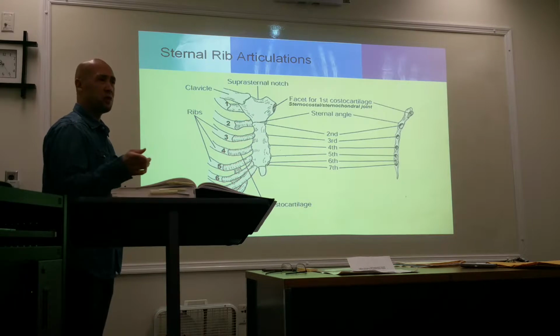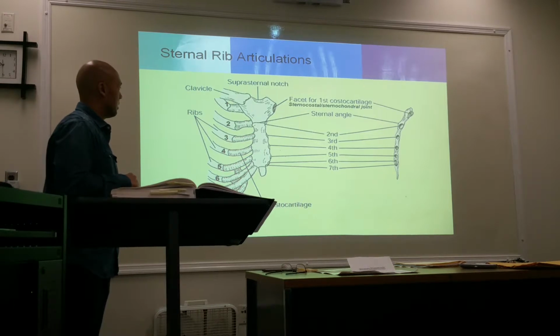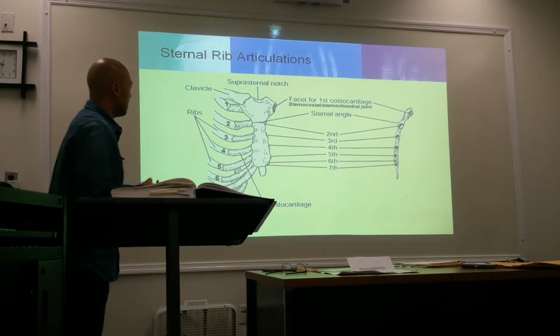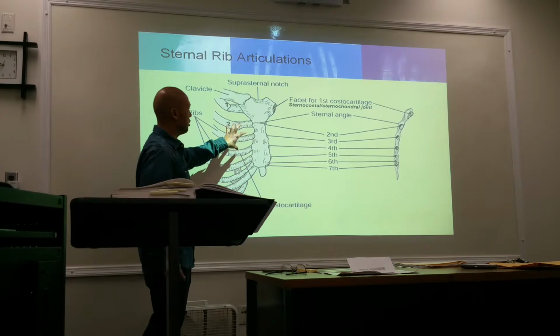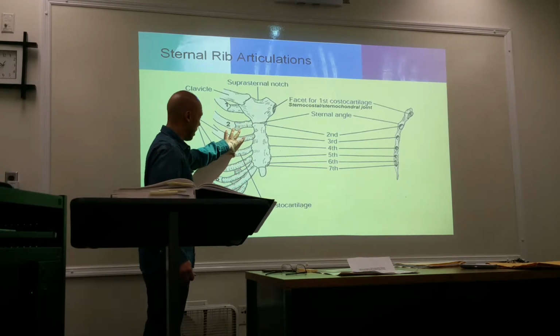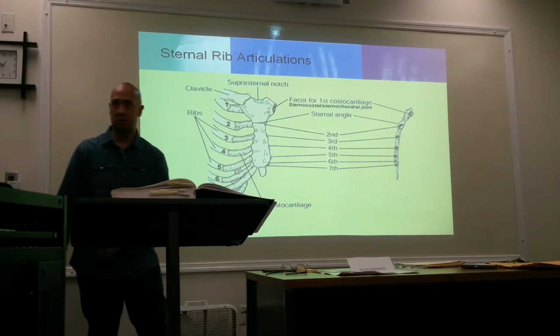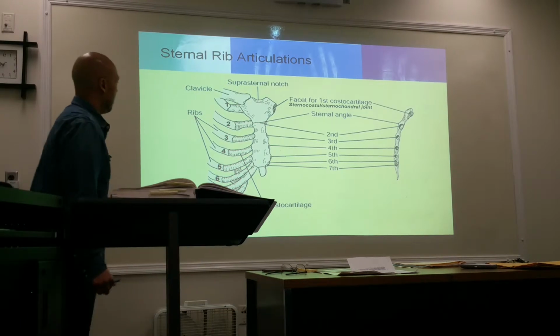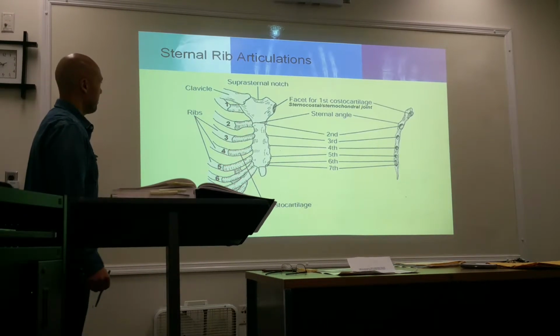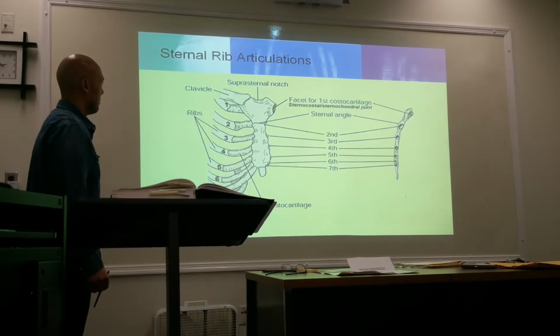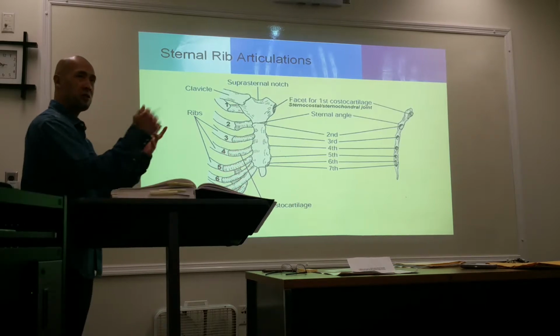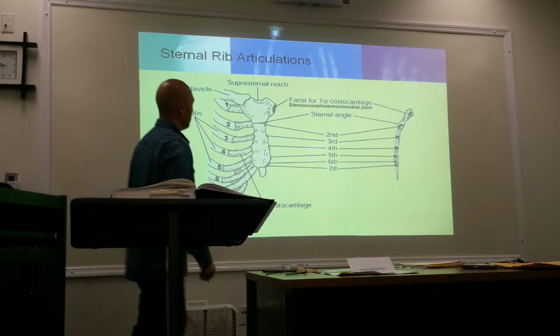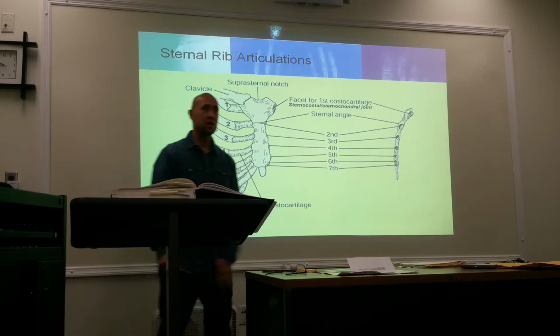I don't know if that's in your book. I added this later, so you may want to write that down. The articulation between the ribs and the sternum is your sternocostal joint or your sternochondral joint. Either one of those is correct. But do we know the difference when we say sternocostal versus sternochondral?